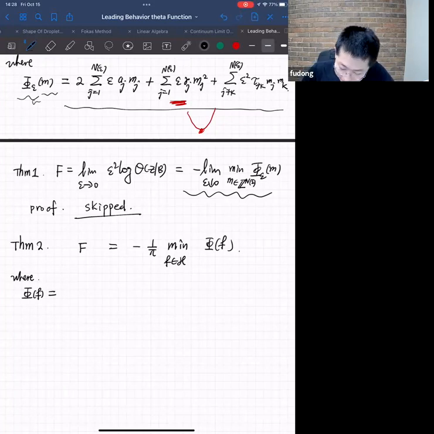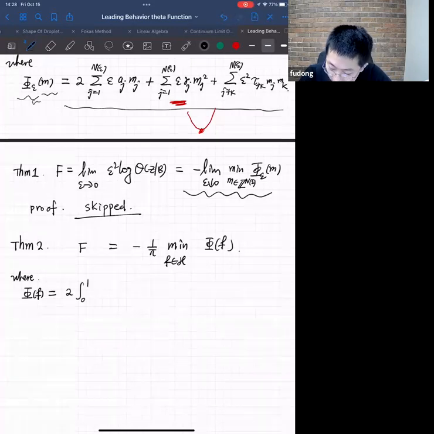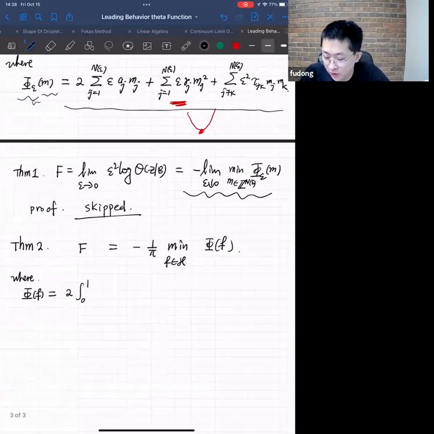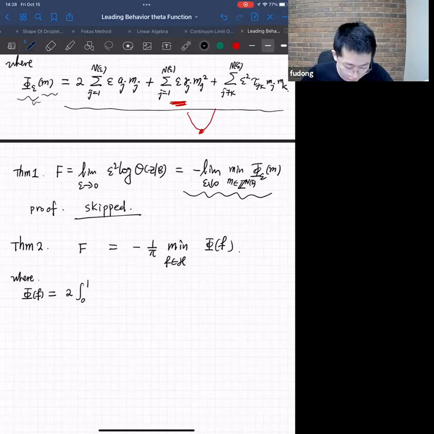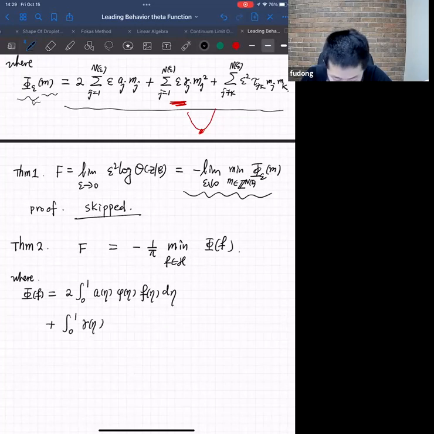So phi of f is, since you have the density function to control this lattice, right? And eventually you will involve this density function. So it's the integral of eta phi eta f eta plus gamma eta phi eta.